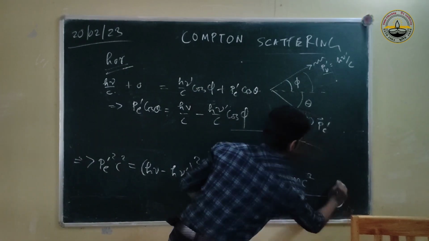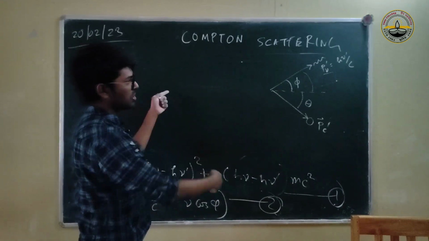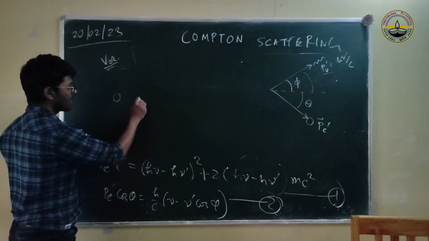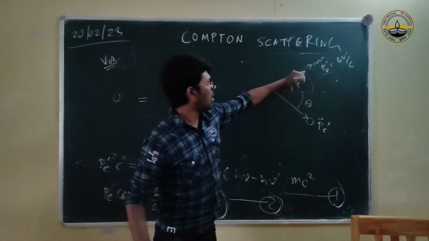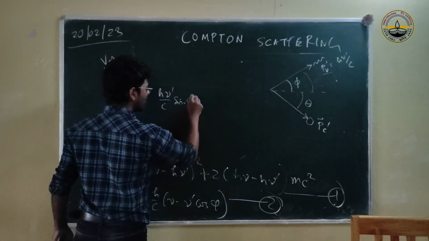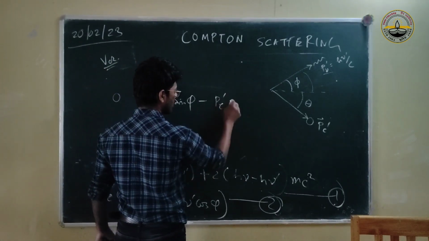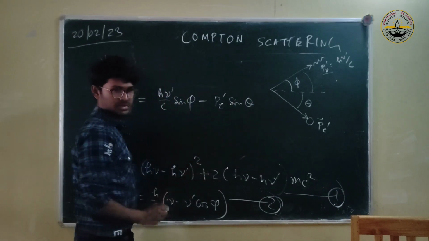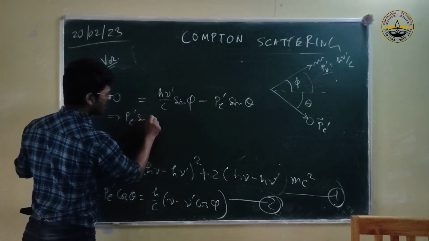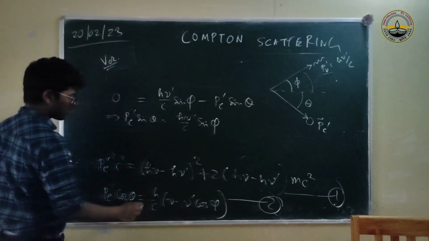Let's call this 1, this 2. Let's consider now the vertical direction. In this direction, initially there was nothing. So 0 equals, upward we have h nu prime by c sin phi and downward p e prime sin theta. So that means p e prime sin theta equals h nu prime by c sin phi, right?